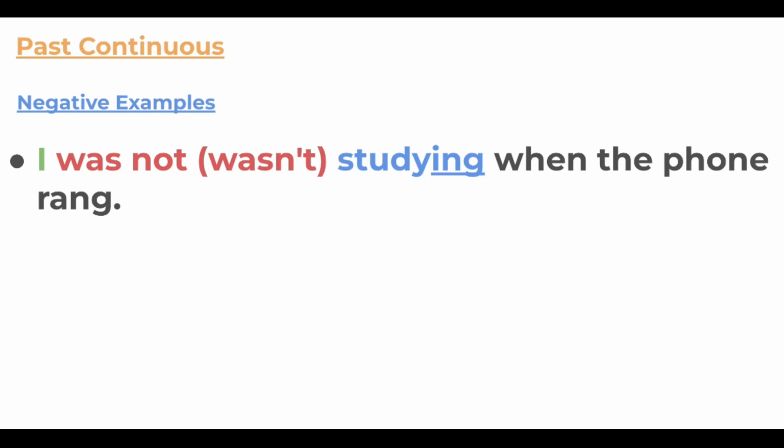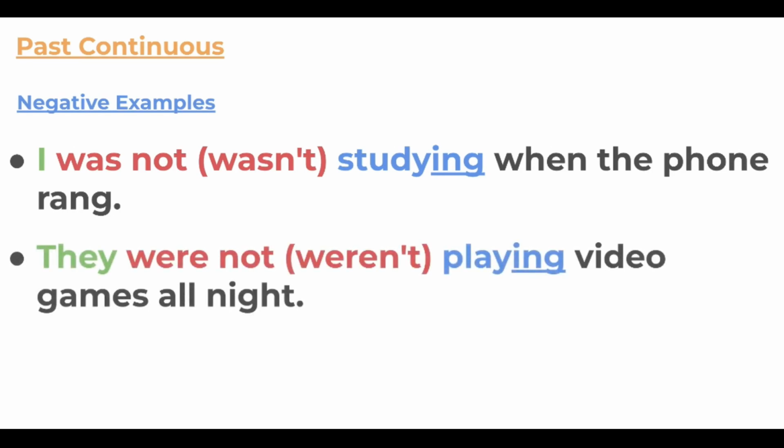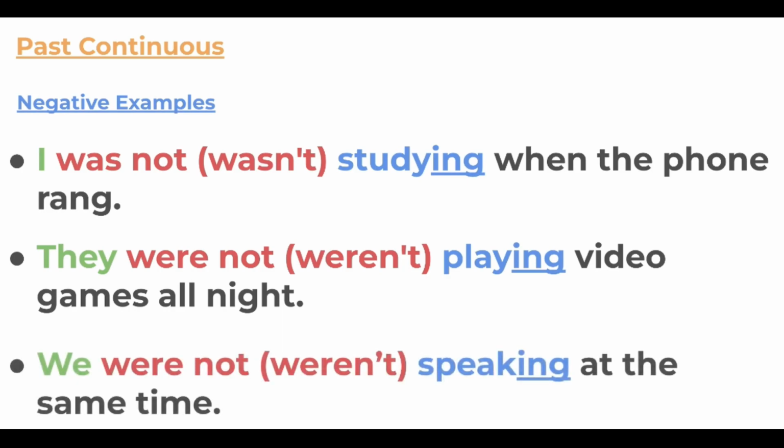So we've got that not there, and we've created a contracted form of that, wasn't studying when the phone rang. Plural now, they weren't playing video games all night. We weren't, again, contracted form, speaking at the same time.